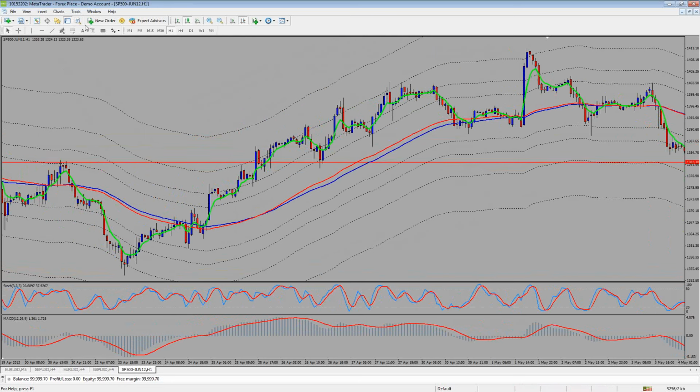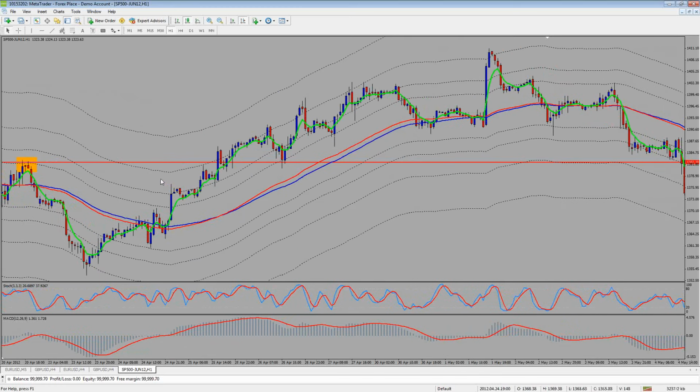Again, for example, resistance here that turns into support, and the support area here comes also with a Fibonacci level. So you have support from the resistance line that turned into support, and you have support from the Fibonacci level here of the moving average.